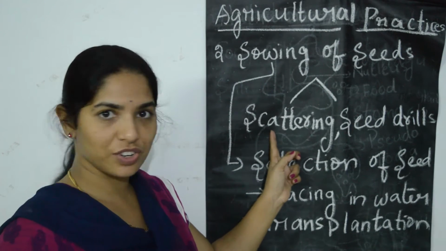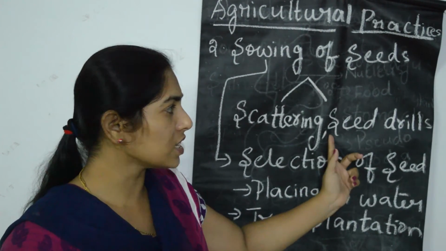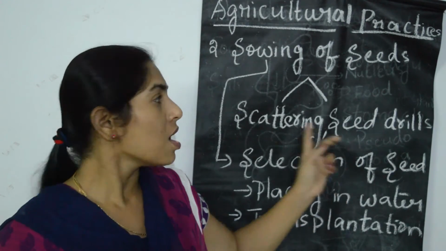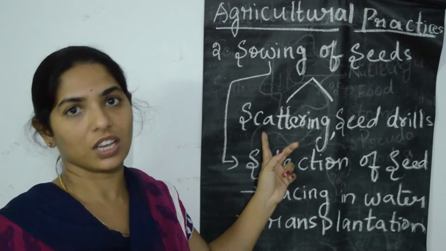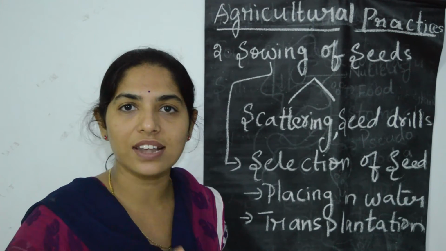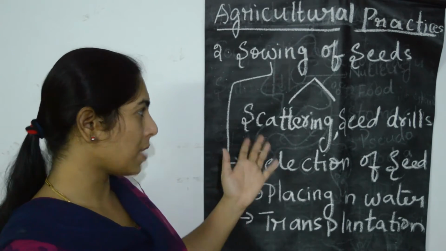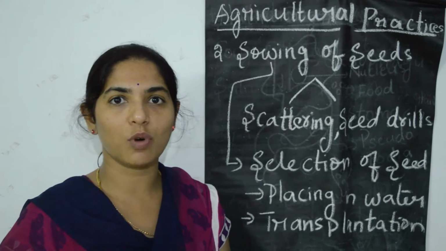One is scattering, which you can simply call broadcasting, and the second method is by using seed drills. Broadcasting is nothing but taking a handful of grains and just scattering it by hand. This is one of the methods and it has some disadvantages.